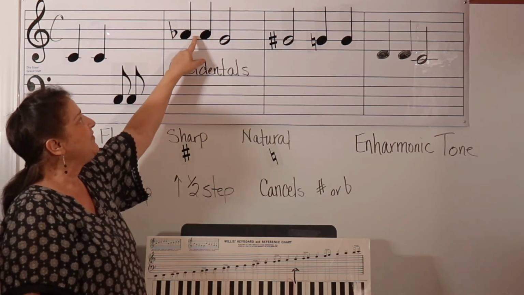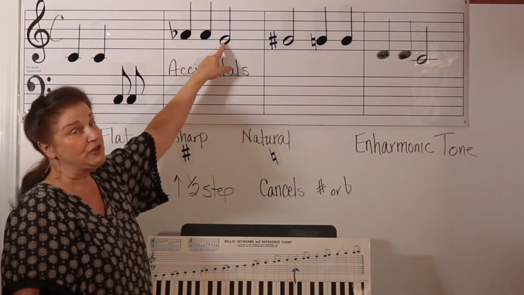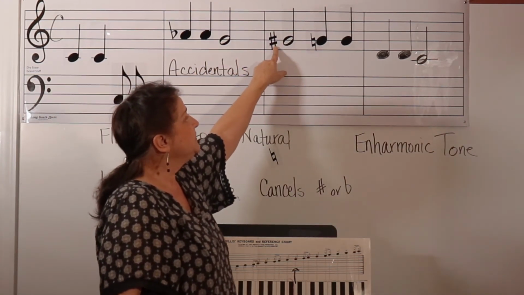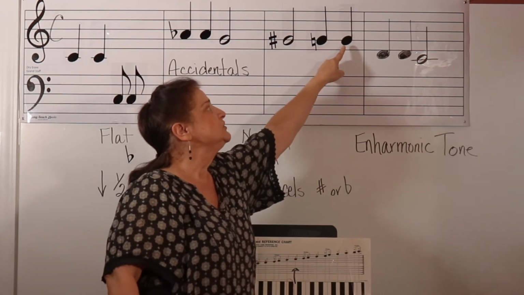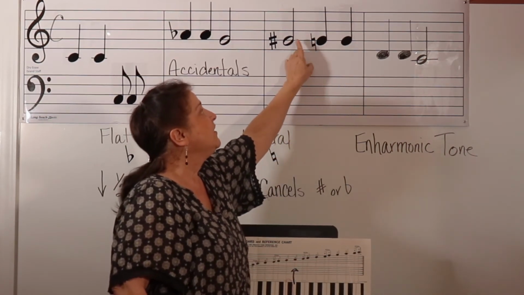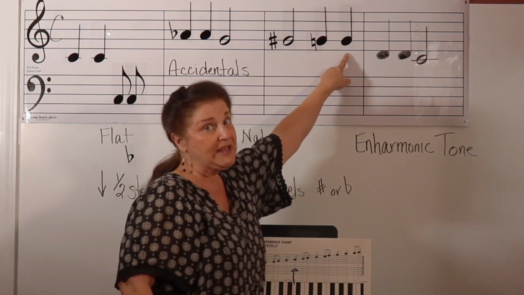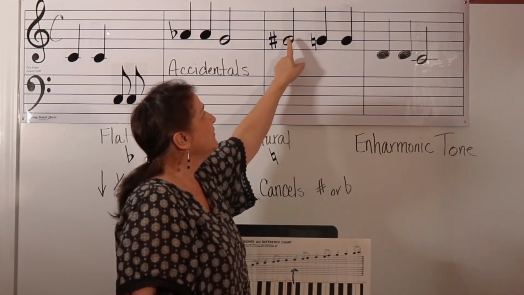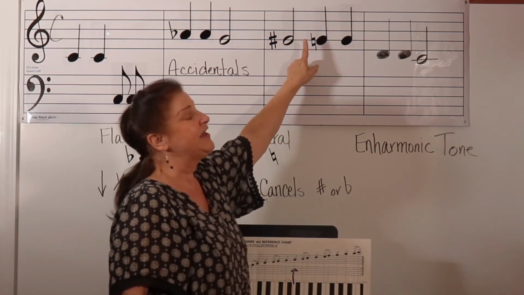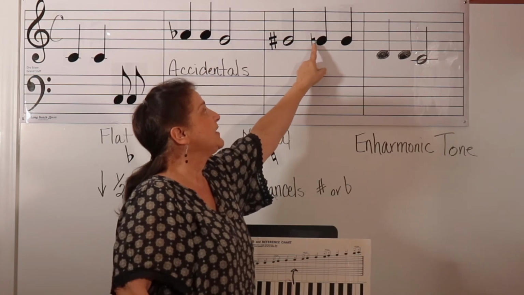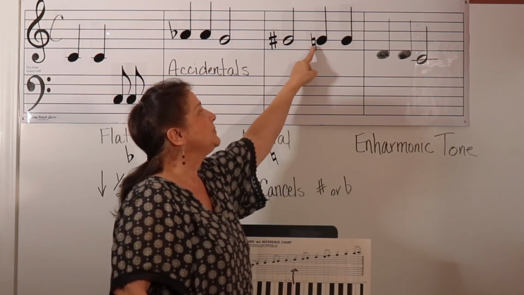This is an A flat, that'll be an A flat, and that's a G. For this note here, the G sharp, because I have 2 G's here, if I didn't have that natural sign there, all 3 of these would have been played G sharp. What I have the natural sign for is I only want 1 G sharp there, and I want then the next to be a G natural, so it cancels out that sharp.